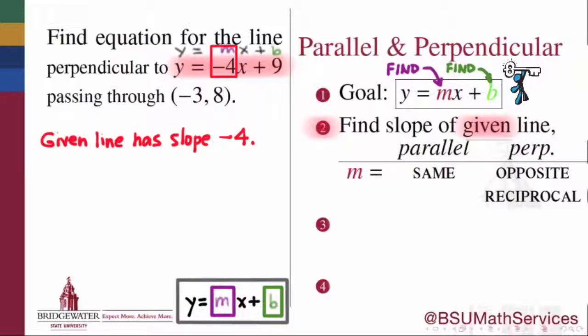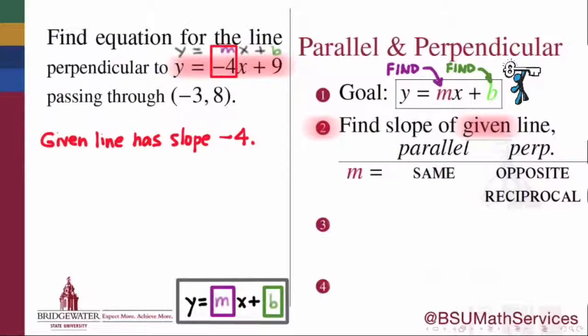Parallel lines have equal slopes to one another. In the case where we're trying to determine a line which is perpendicular, the slopes of our two lines need to be different, and they're different in a way that's described by the opposite reciprocal of the original slope. In other words, we will change the sign of the slope and also flip the slope upside down into its multiplicative inverse, or its reciprocal.